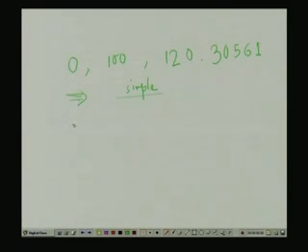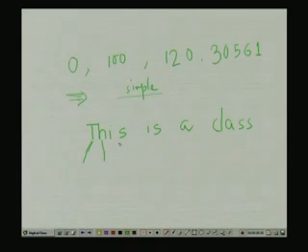Now, non-numerical means, say, our language, our English language. I am telling that this is a class. See this English language: all of these are characters, T is a character, H is a character, I, S, and similarly. This character can be easily digitized.